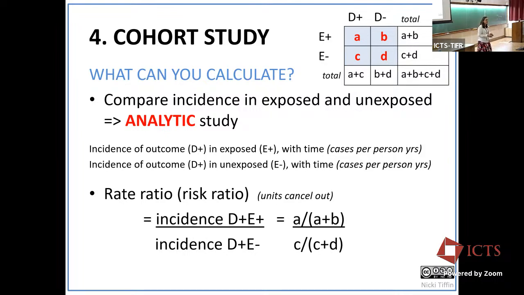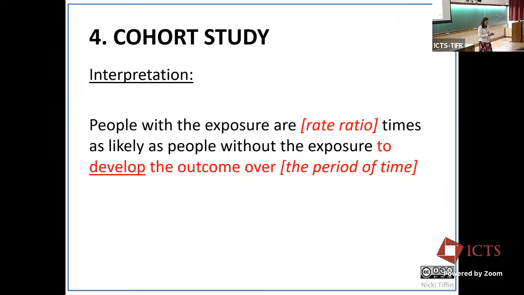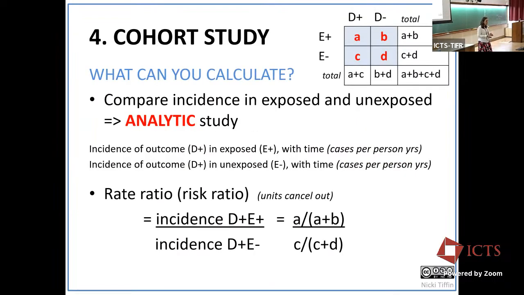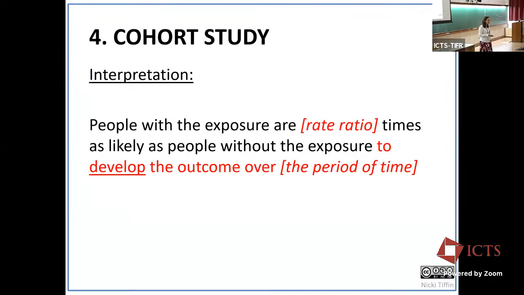So as soon as you see any analysis where there's something about person years, you know that this was a longitudinal study and probably a cohort study. And you need to keep that in mind when you're looking at things like incidence, is what is the time factor that's being used. But again, when you calculate the actual rate ratio, your incidence units cancel out and you end up with a ratio.